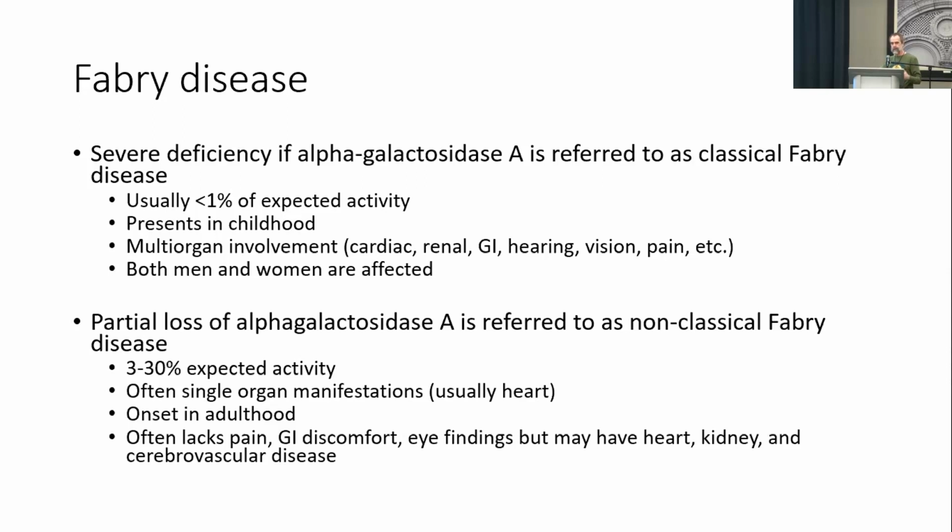Partial deficiency of the enzyme. So between 5 and 30% of the predicted enzyme level still leads to disease, but it leads to a different pattern of disease, later onset, which isn't a surprise, but also just the pattern of involvement is different, with more specific focus on heart disease as the major risk factor, although not the only symptom, and then some variability in other manifestations.